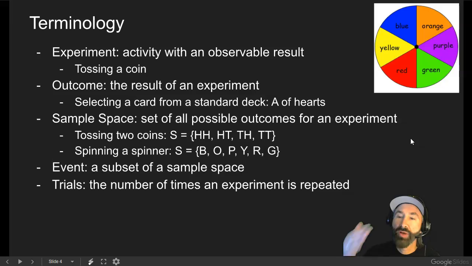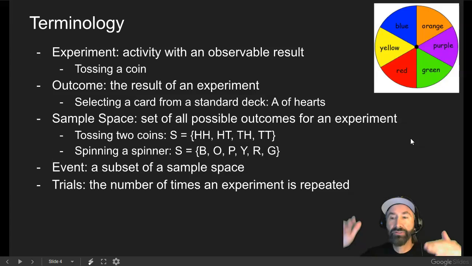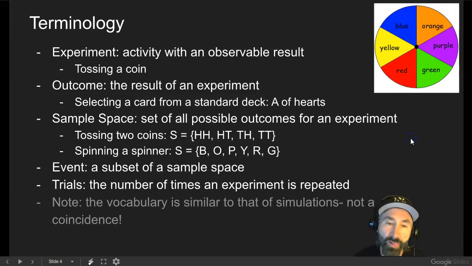So every single time we do the same experiment, we call it a trial. And you might have heard this language in the news when they talk about, for example, when they're testing vaccines. They're doing trials to make sure that the vaccine is safe and effective.